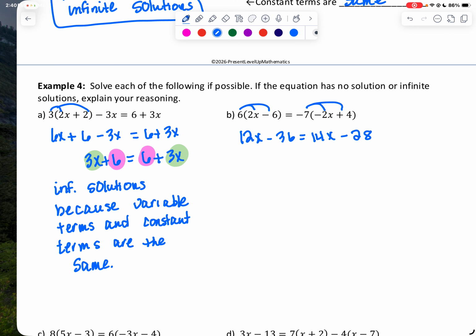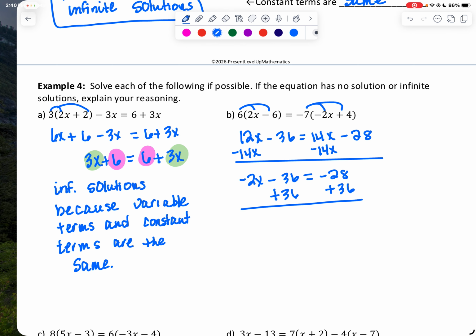So we have to find that. So subtract 14x to get negative 2x minus 36 equals negative 28. Add 36 to get negative 2x equals positive 8.